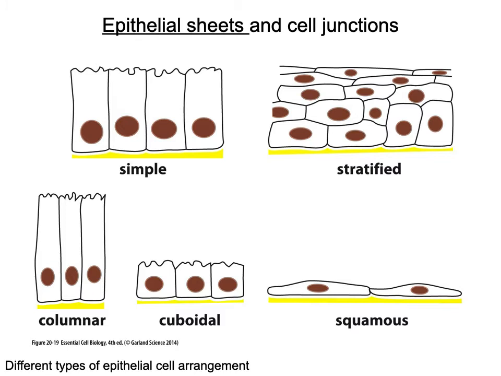In an area where we need filtration, like the glomerulus, we're going to see squamous, because there are fenestrations inside the cell that allow material to go into the Bowman's capsule and get caught. If we're looking at areas on the duct, they're going to be cuboidal because we need some material to be able to go across, but we want to be more selective.